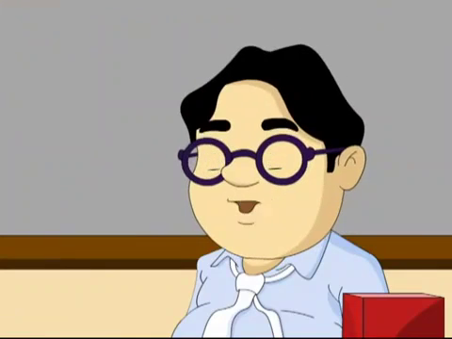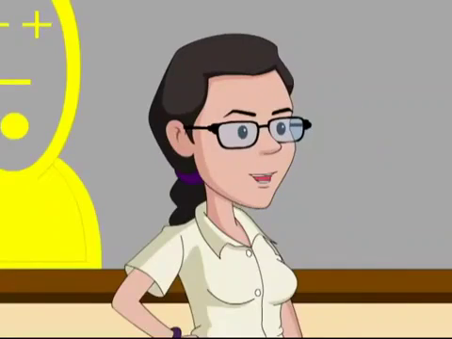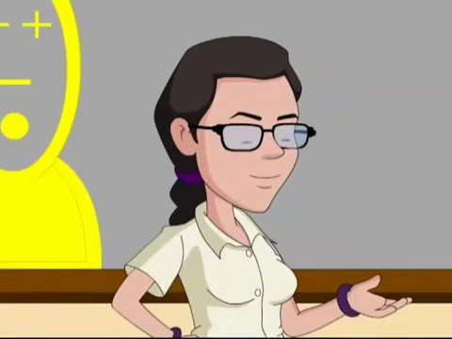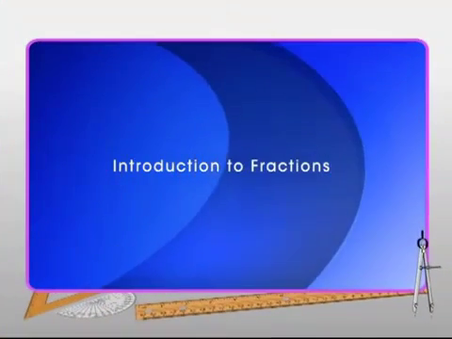Miss Marks, when I eat pizza, I don't share. So I never look at the number of parts. Oh, Snail, I'll have to brush up your concepts about fractions. Let's go into the virtual world now to see how many types of fractions there are and what we can do with them.